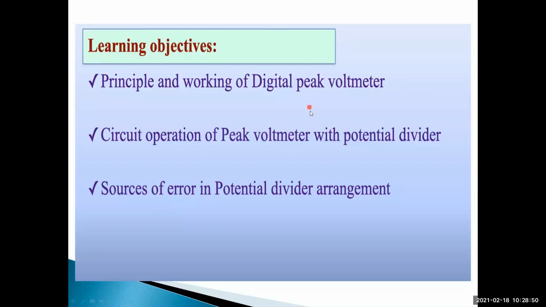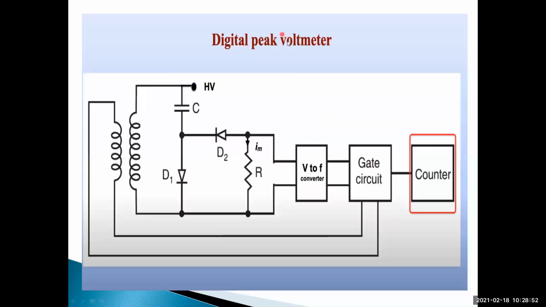Clear. So this is the circuit diagram of the digital peak voltmeter. All of you draw this circuit diagram. Here, this is called the high voltage terminal or high voltage transmission line.